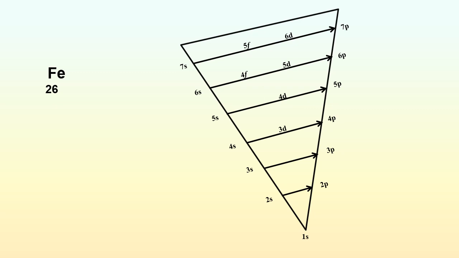Okay, so let's start placing electrons: 1s2, 2s2, 2p6, 3s2, 3p6, 4s2, and 3d6. Okay students, this is the electronic configuration for iron. So we can use this energy level diagram for writing the electronic configuration of any element.